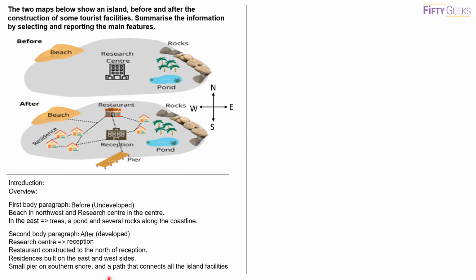I will begin this task with an introduction by paraphrasing the given question. I will write, the diagram illustrates major changes to the undeveloped island with the addition of several tourist amenities. Then I will write the overview. In the overview, I will write about the most noticeable features or changes that occurred over the period of time.